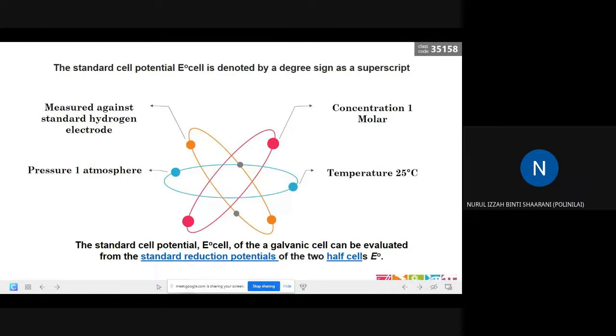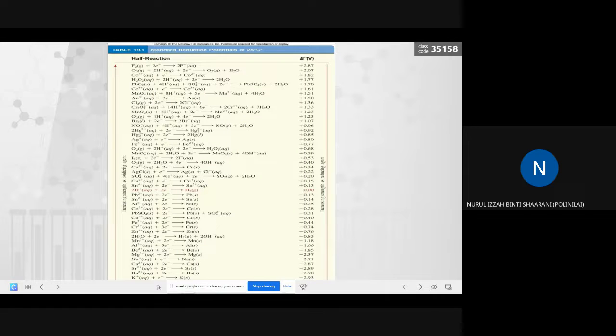Okay, so the standard cell potential E0 cell is denoted by degree sign as a superscript, so degree sign of a superscript ni maksudnya E0 ni lah, E0 and then cell. So it is measured against the standard hydrogen electrode. Macam saya pernah terang in our previous experiment punya kelas, how kita dapat this kind of value ni is when we measure with the standard hydrogen electrode, because hydrogen electrode value dia adalah kosong.